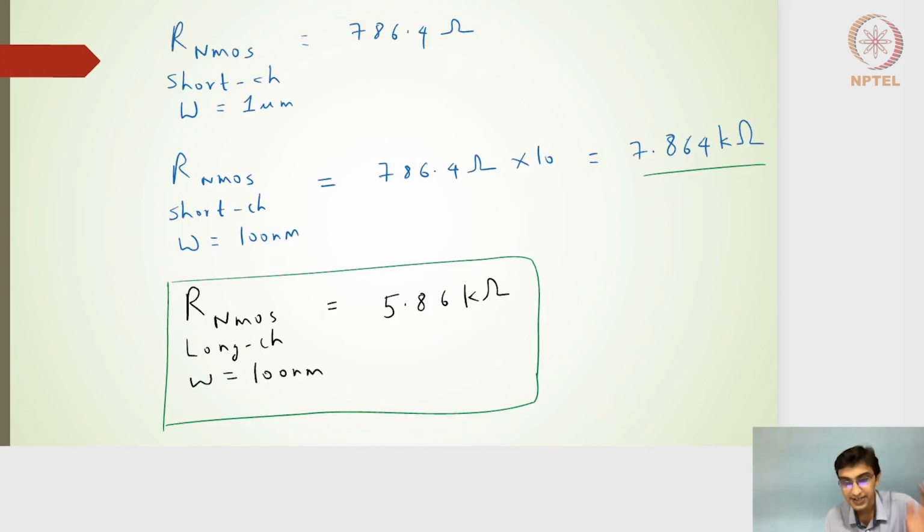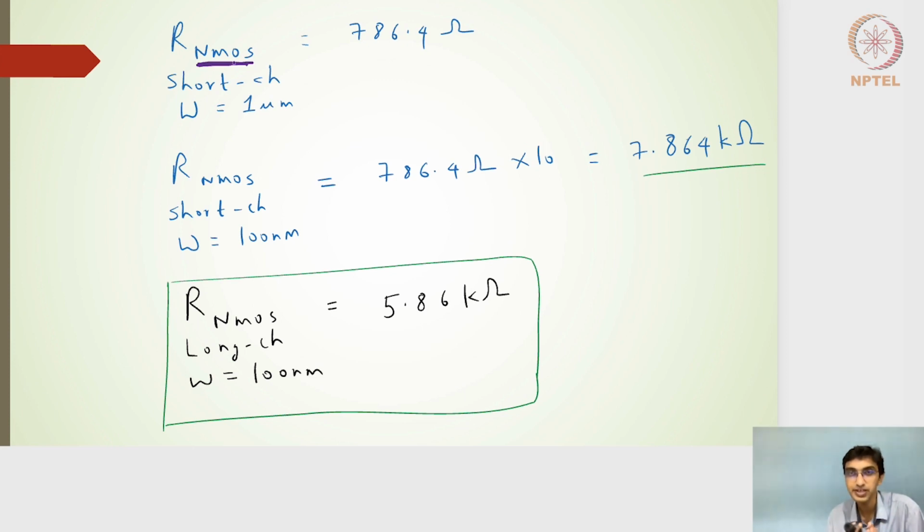So just to summarize, the short channel model, the switching resistance for the NMOS transistor. While we had taken the switching resistance, we had considered the switching resistance of an NMOS transistor, because when we apply the step input of 1 volt, the NMOS is on, the NMOS is operating, the NMOS is driving the discharging of the output load capacitance to 0 volts.